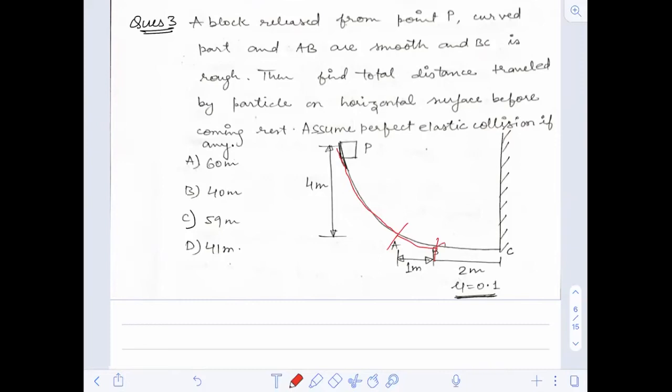Then find total distance traveled by particle on horizontal surface before coming to rest. I could not draw the figure properly, but you have to assume that A, B, C is a total horizontal path.